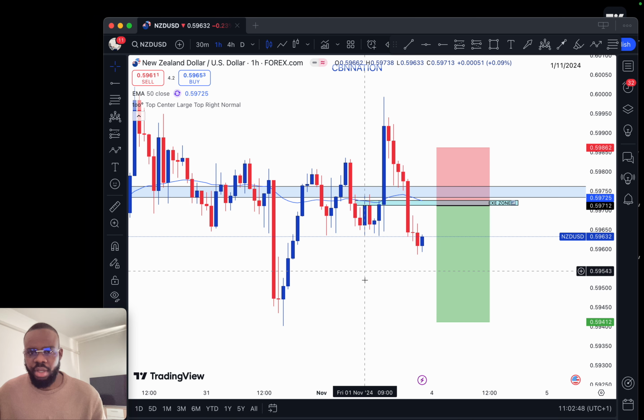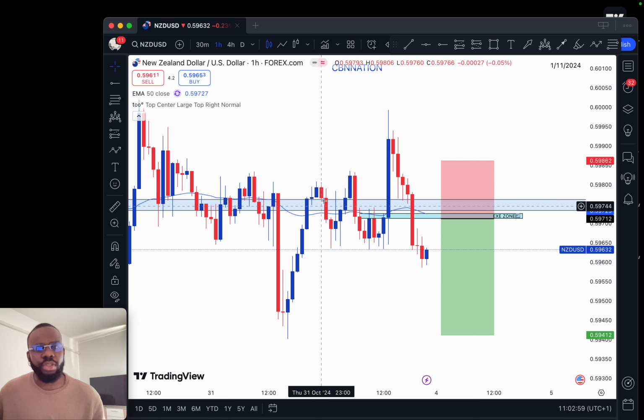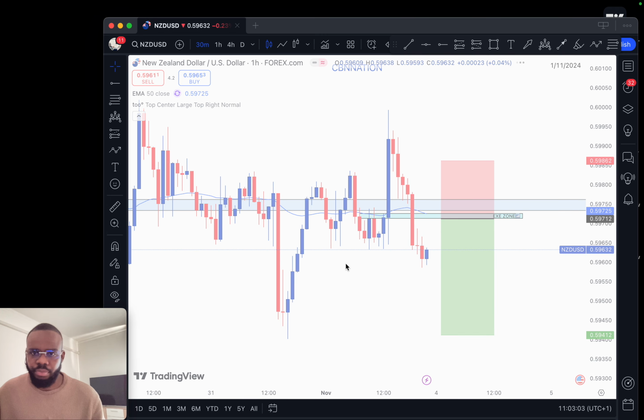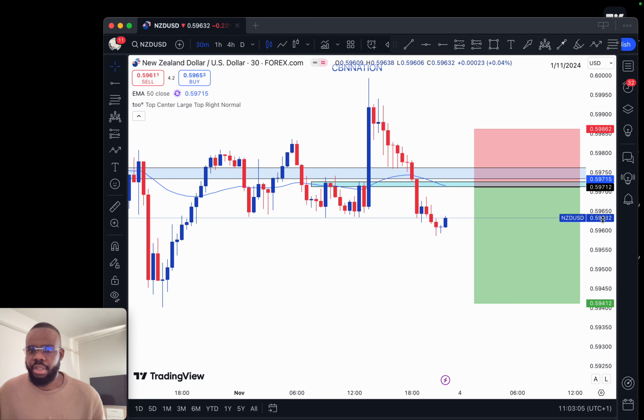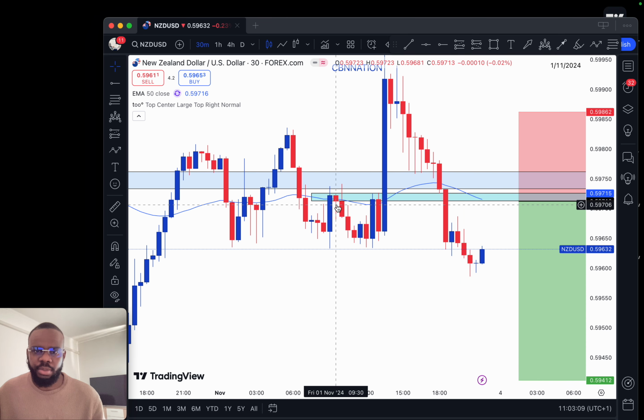Looking at the 1 hour time frame, the entry is there, but during the analysis I have seen the swing high for the entry is not present. So scale back down to 30 minutes. Now I think it's a little bit clearer on the 30 minutes because this was the last high.